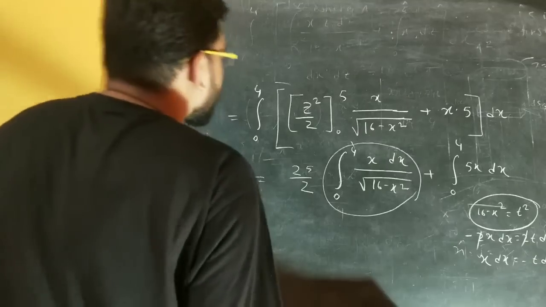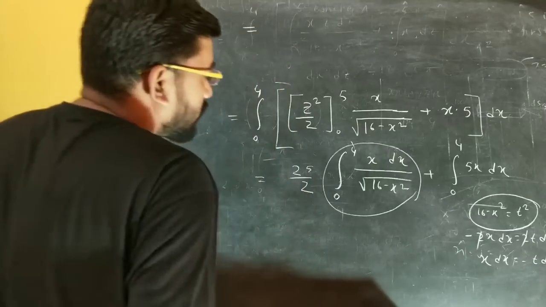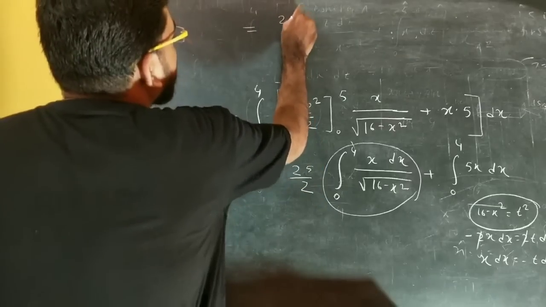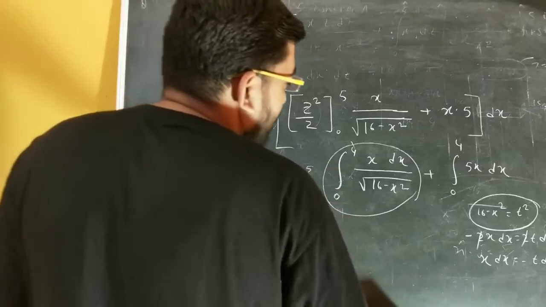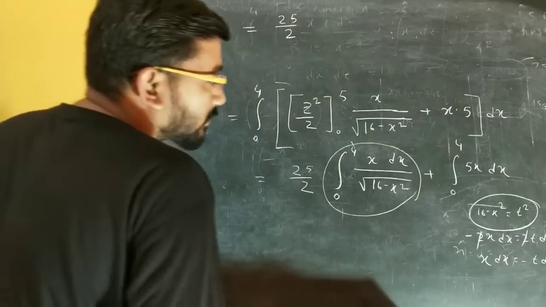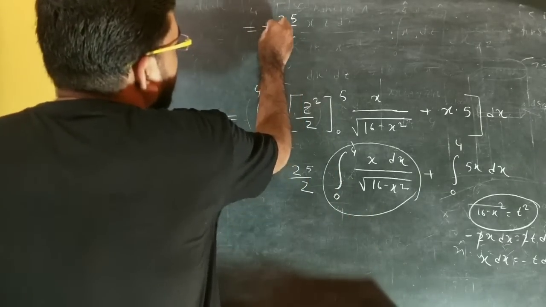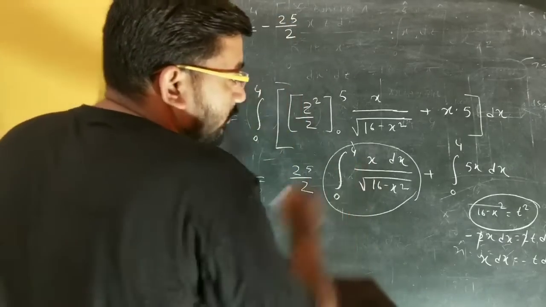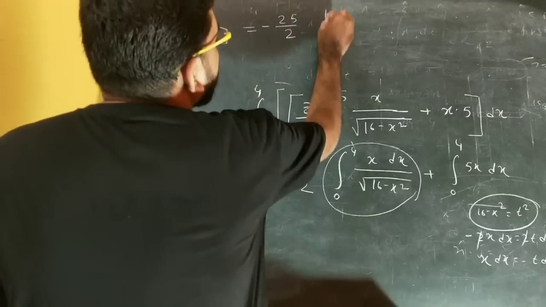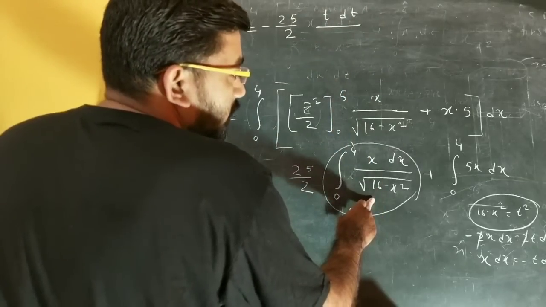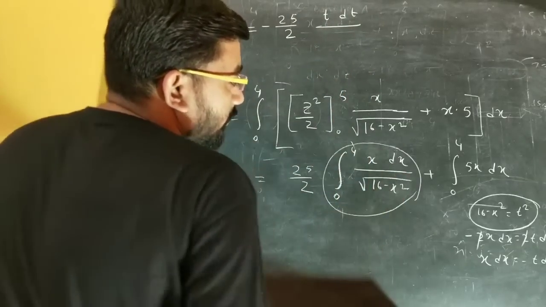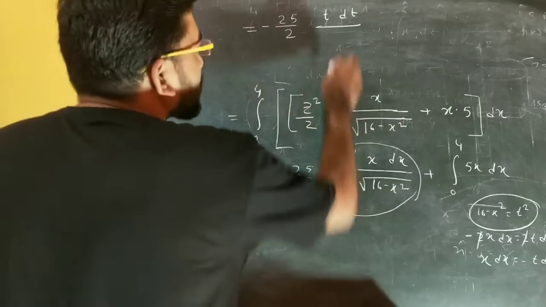So it will be equal to 25 divided by 2, and then for this integration you put a minus sign over here, because this will be converted into t, so it will be t dt divided by t, since root over 16 minus x square is t.